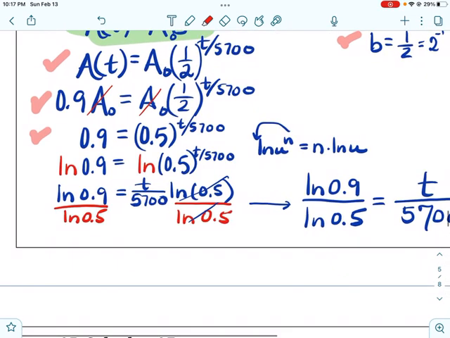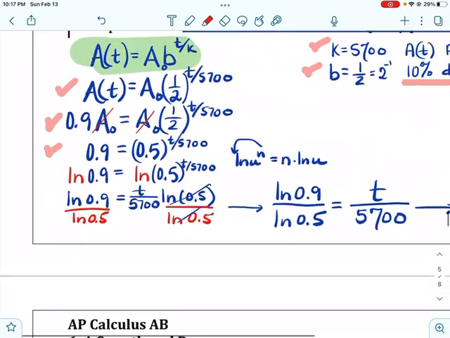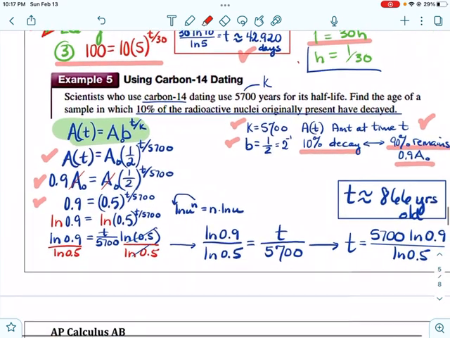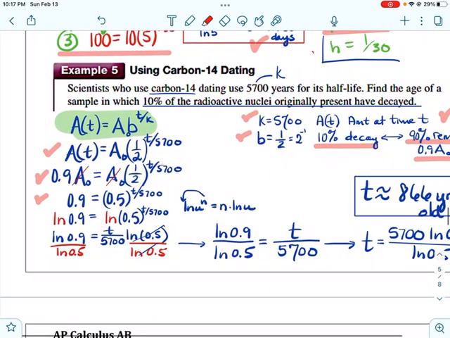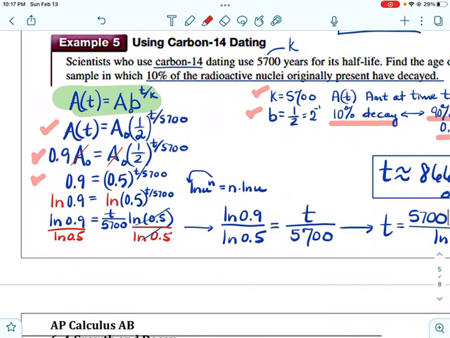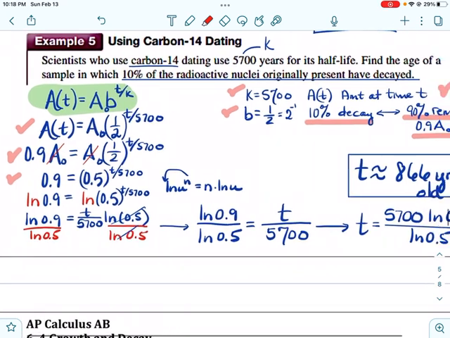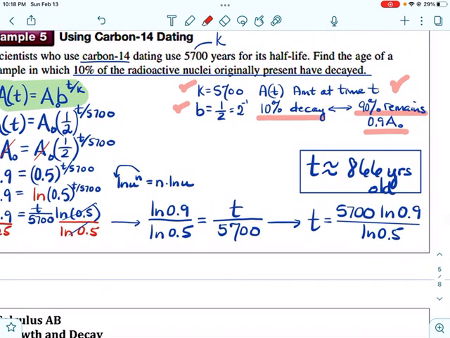At that point, I have to solve for t because the question says find the age of the sample. So I'm going to take the ln of both sides, and it turns out I get t is equal to 5700 ln of 0.9 over ln of 0.5, or t is approximately 866 years old.